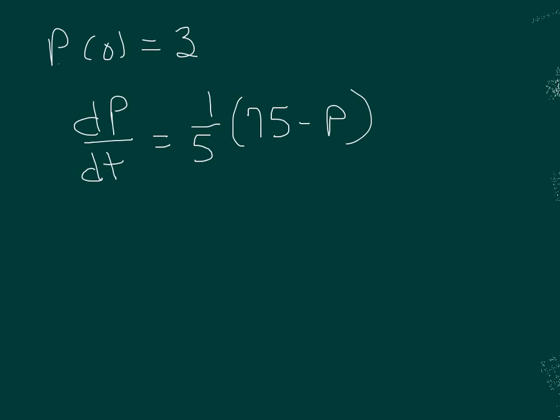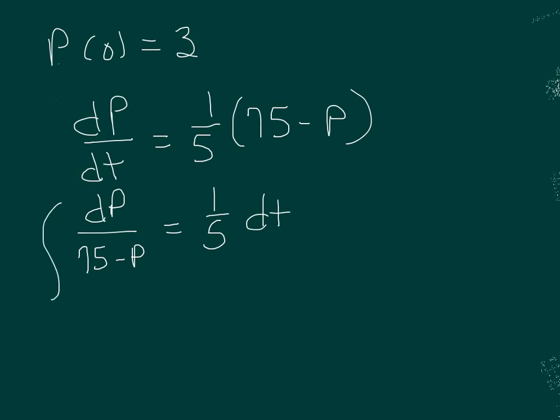All right, so what we need to do is integrate. I need to separate it before I integrate. So we're going to have dp over 75 minus p equals 1/5 dt. Now we can integrate both sides.